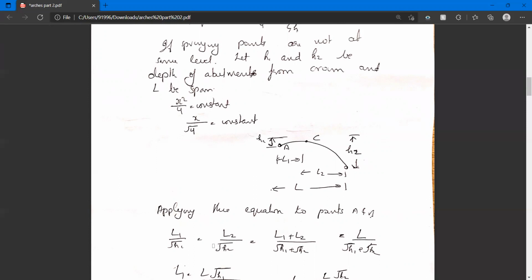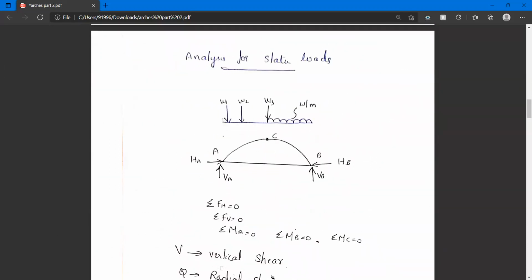By the property of proportions, that will be equal to (L1 plus L2) by (root h1 plus root h2). L1 plus L2 is equal to the total span of the arch, which is L. So L1 by root h1 equals L by (root h1 plus root h2). These equations you can use for solving L1, L2, h1 or h2, whichever is not given in your problem.